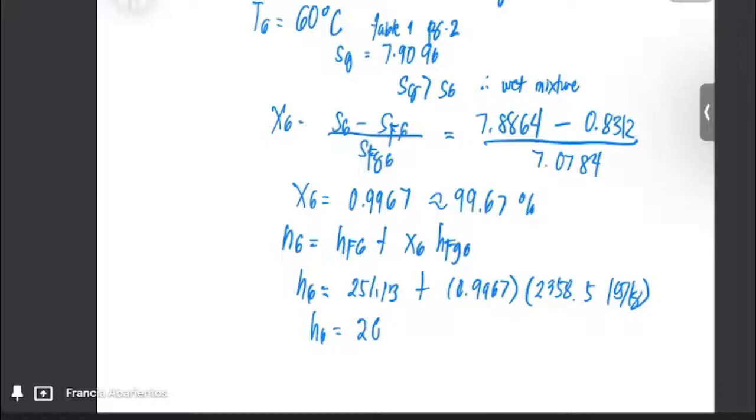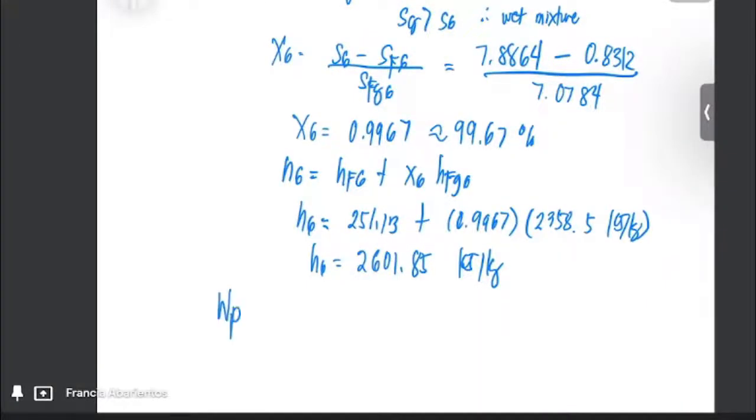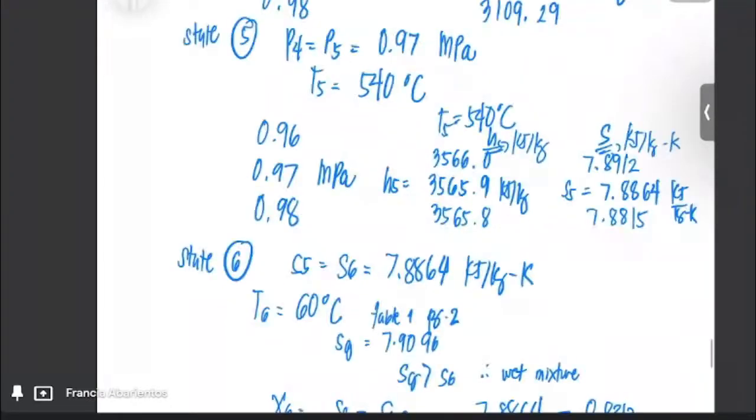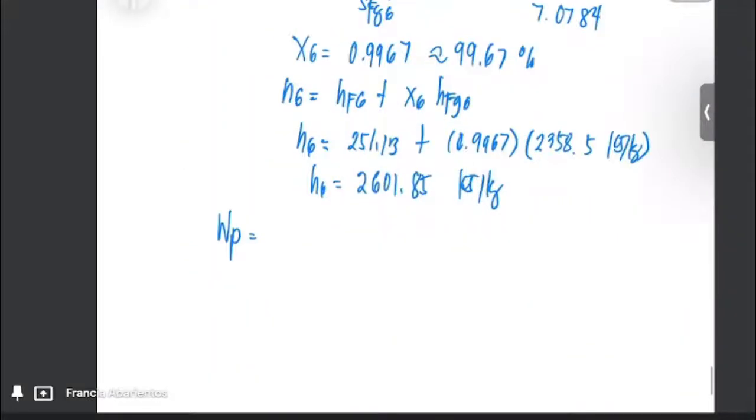kilojoule per kilogram. Since given na sa atin to, we make compute now the work of the pump. We have now the state 6 and sa 7. Yung H7 natin class is the HF at 6. So this is 251.13.